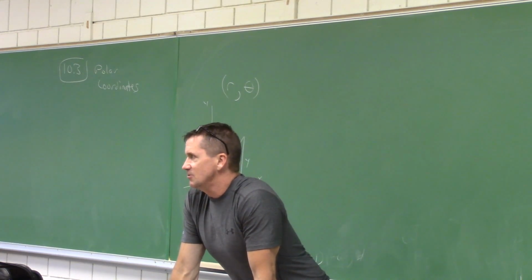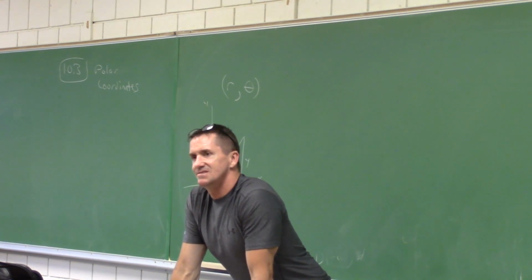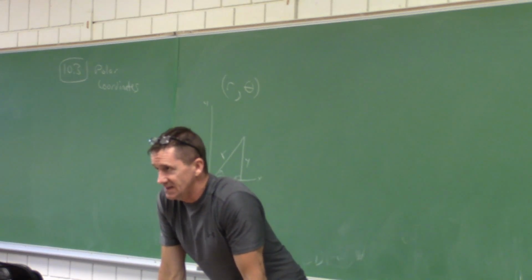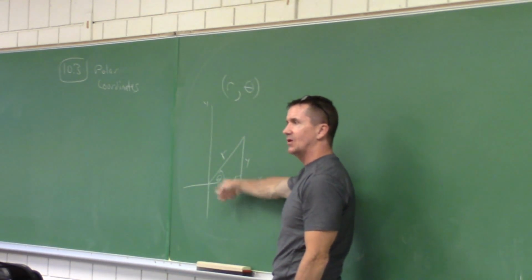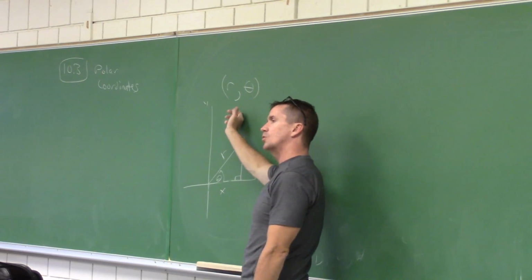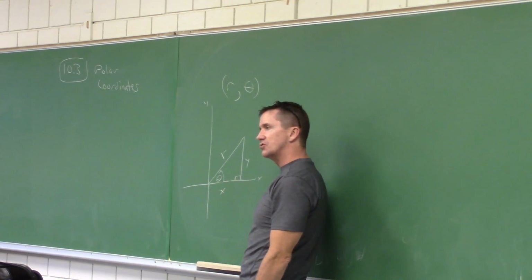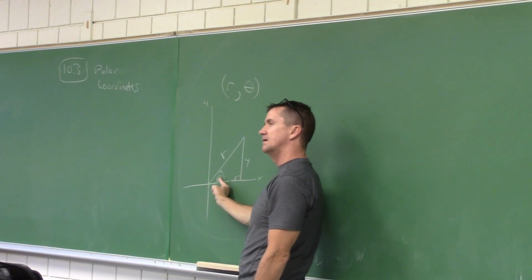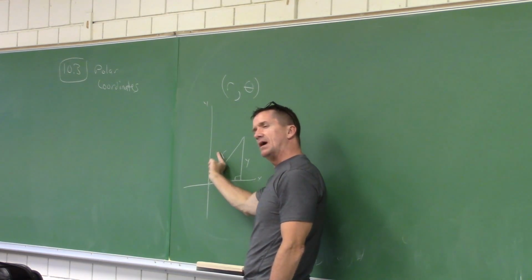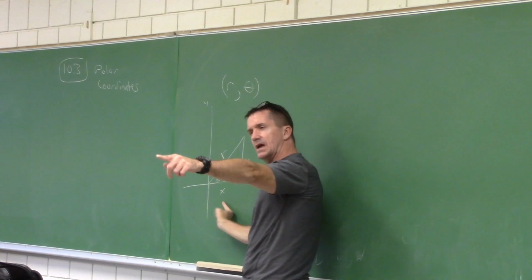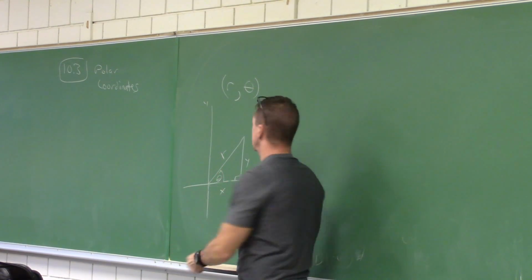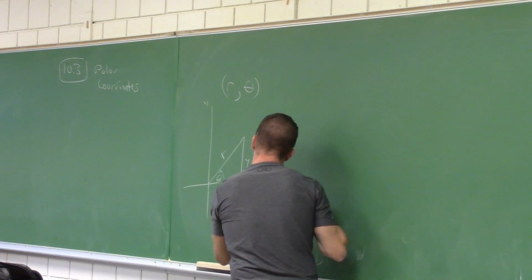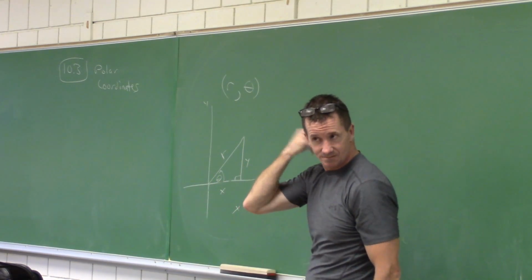Tell me what x equals, and we'll have the conversion. It'll be easy to remember. I'm telling you, on a test, you just draw that picture. If you forget the conversions from polar coordinates to Cartesian, make that triangle, and you'll figure it out. What's cosine of theta? Adjacent over hypotenuse. Cosine of theta is x over r, so what does x equal? R cosine theta, got it. That's x, that's a conversion.